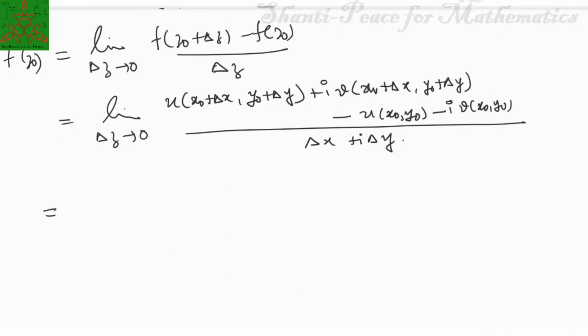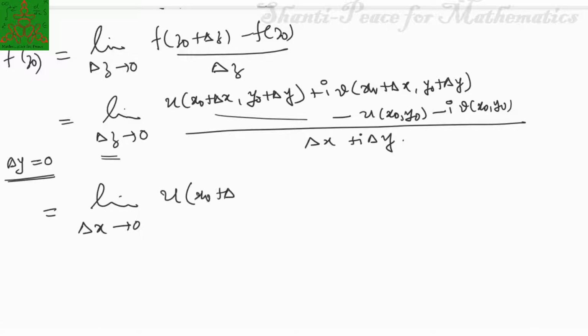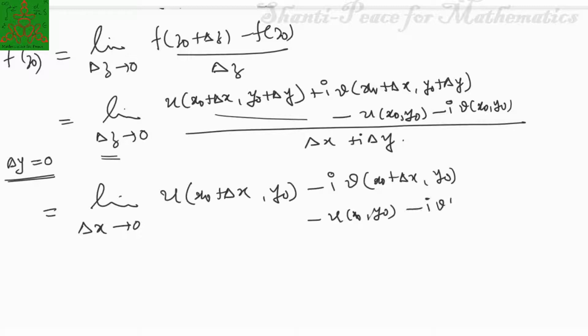Now as we are taking a path along delta y equal to 0, we have the limit as delta x tends to 0, and you substitute delta y equal to 0 in this expression. So you have u of x0 plus delta x, y0 plus i v of x0 plus delta x, y0 minus u of x0, y0 minus i v of x0, y0 upon delta x.